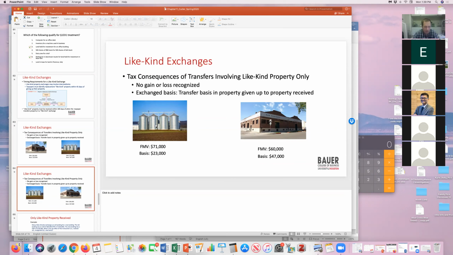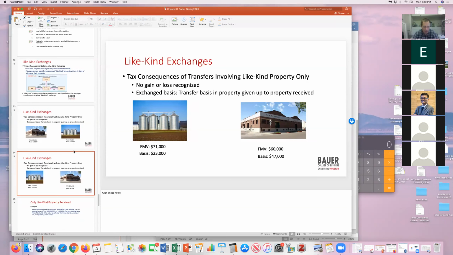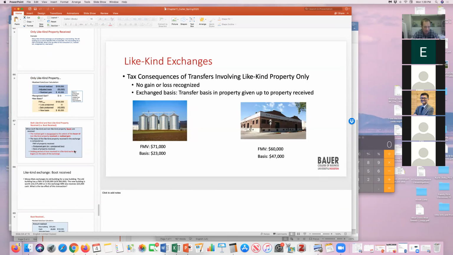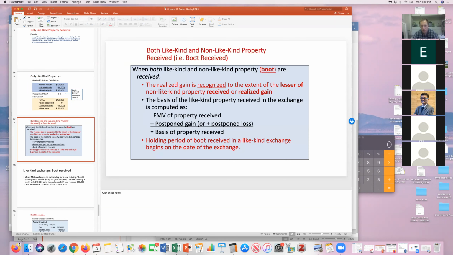Yes. So then it gets more complicated. Odds are I can't find something that's an exact match in terms of value that I want to trade for. So I'm going to have to throw in some other property such as cash to make it work. And when we have other property, we call that other property boot.